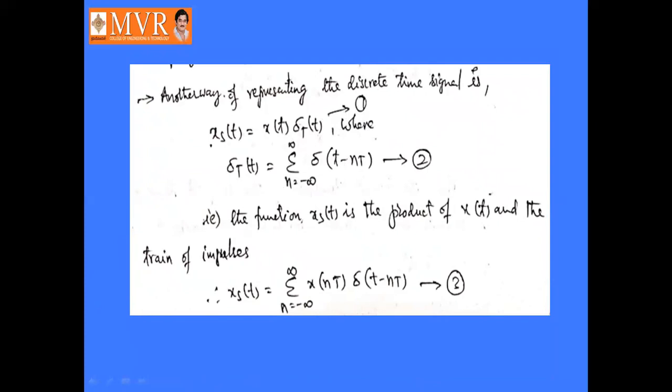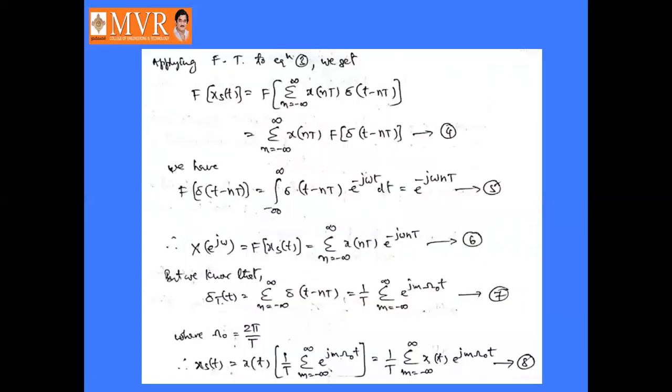That is equation number 2. So x s of t is the product of x of t and the train of impulses. Therefore, x s of t is equal to sigma n equal to minus infinity to infinity x of nT into delta of t minus nT. That is equation number 3.